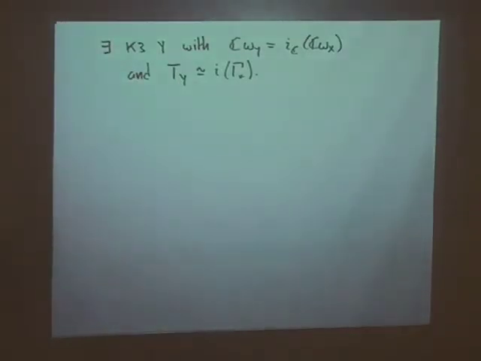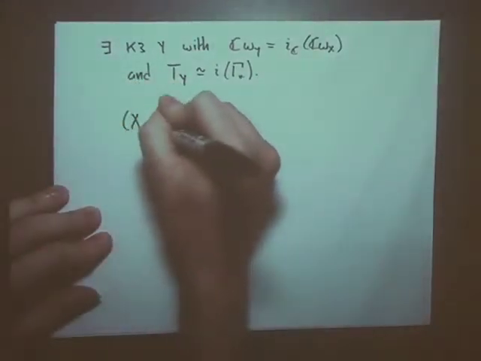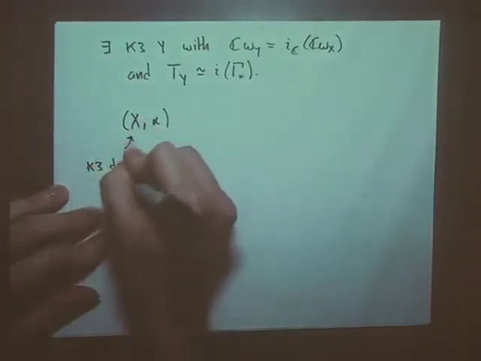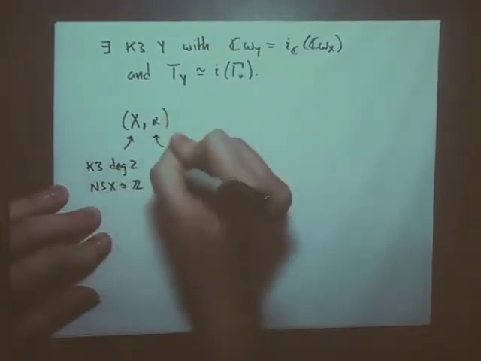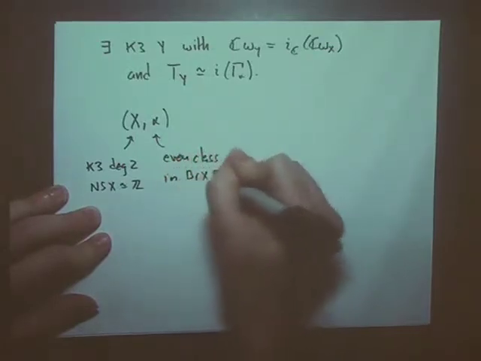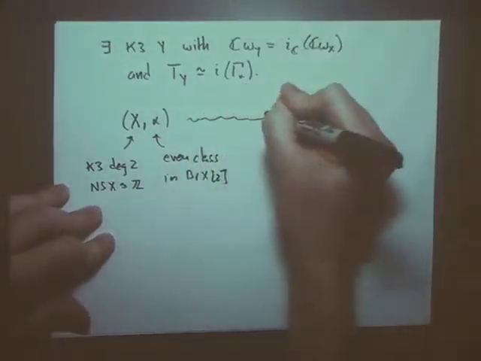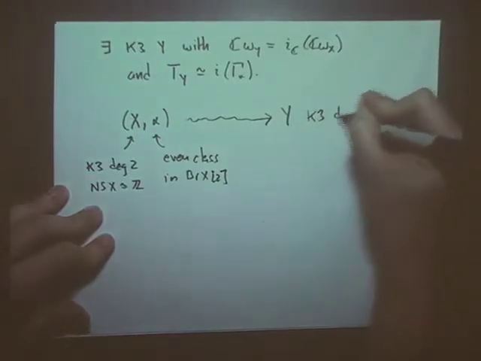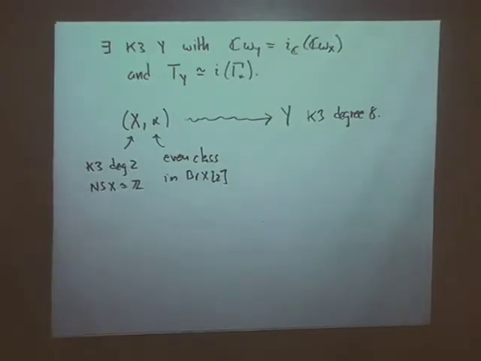And so what this means is that out of the pair, it consists of a K3 surface of degree 2 with Néron-Severi isomorphic to Z and an even class in the Brauer group of X, using surjectivity of the period map, we've come up with some degree 8 K3 surface that seems to be associated to this pair.